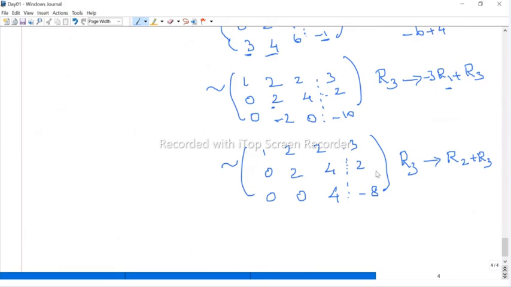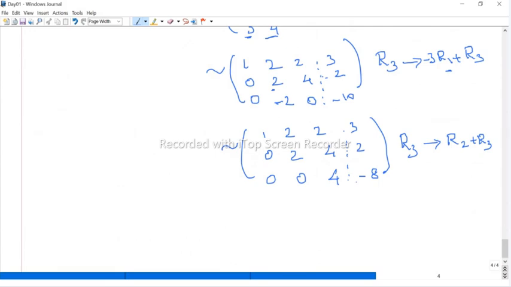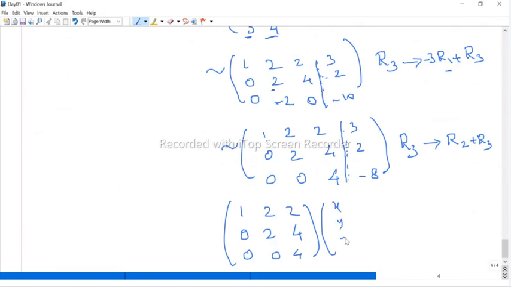Now we try to eliminate all the terms. So actually the meaning of this final matrix is that we have the matrix 1 2 2, 0 2 4, 0 0 4 times x, y, z equal to 3, 2, minus 8.